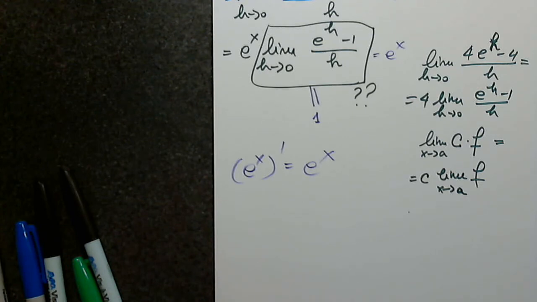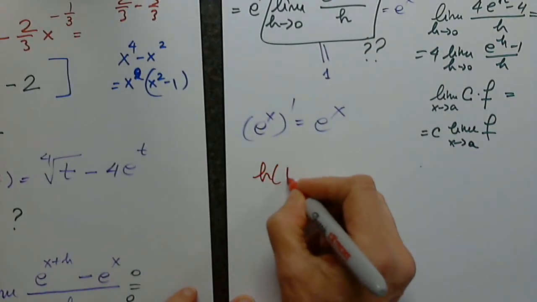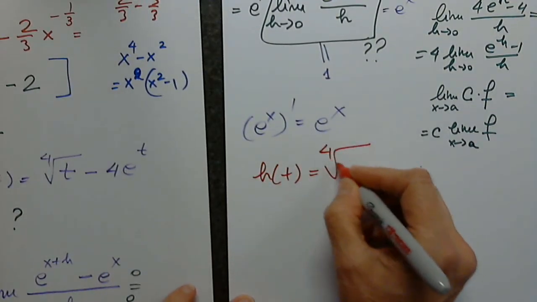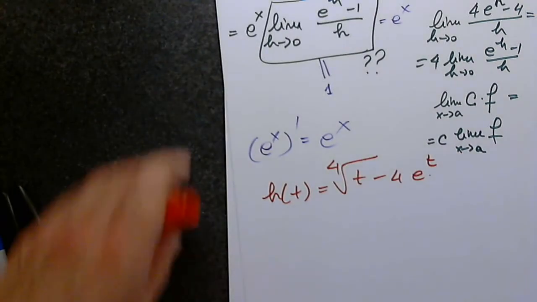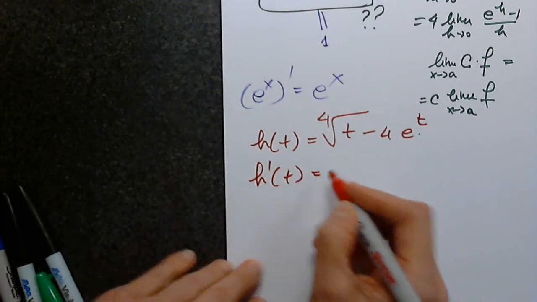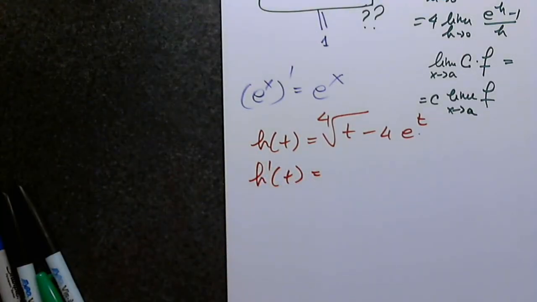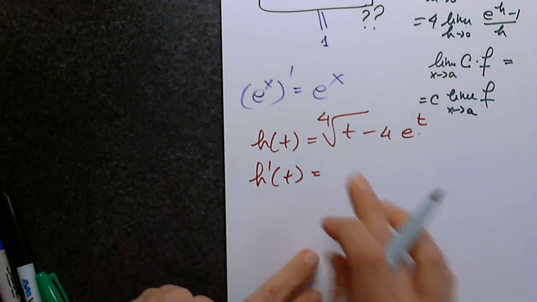Good. Nice. So now we can go back and copy the problem one more time because of course, I ran out of room. So h of t equals the 4th root of t minus 4e to the t. Okay, so now we have to find h prime with the differentiation rules. What power is this?